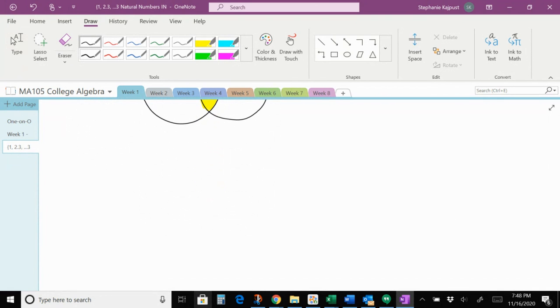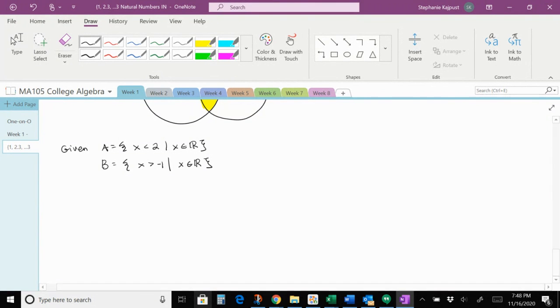So let's say we have two sets. Given set A is x less than 2, where x is a real number. And then set B, x is greater than -1, where x is a real number.